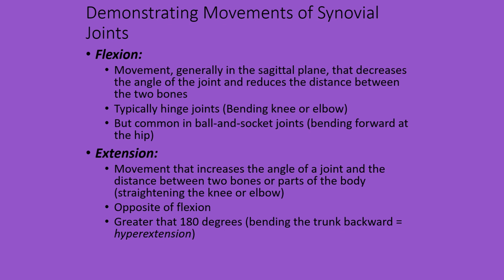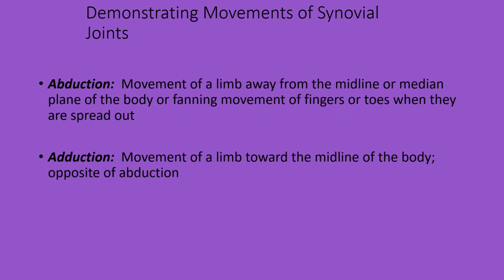Or are you increasing the angle and increasing the distance between the 2 bones involved? The increase in the angle and the distance would be extension. As I said, they're often pairs, and you start to see how one is the opposite of the other.